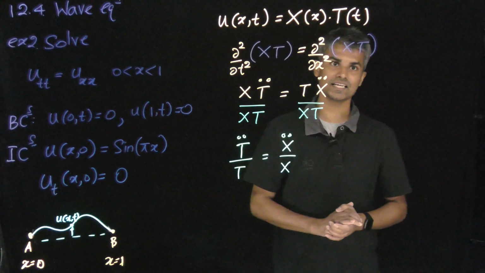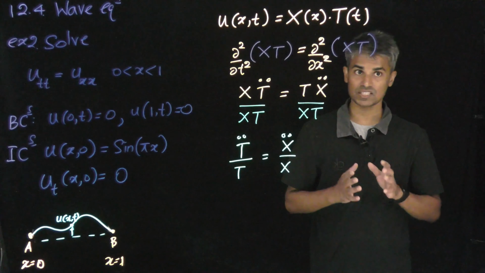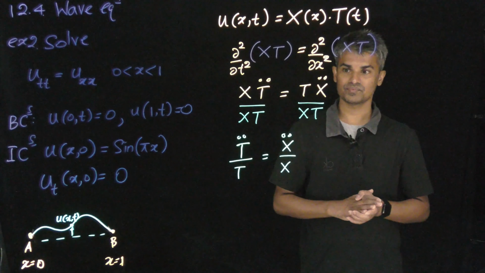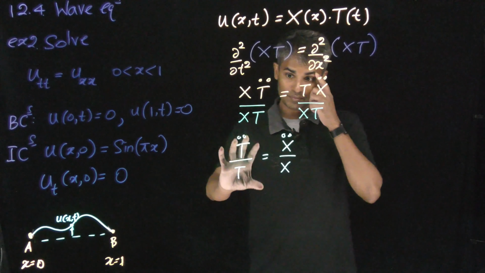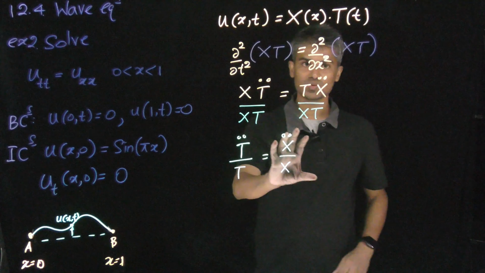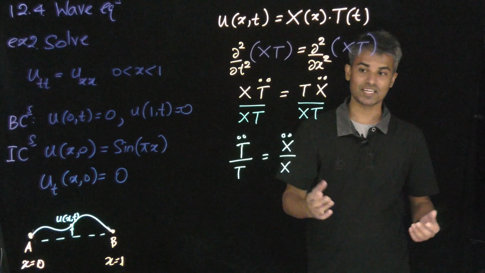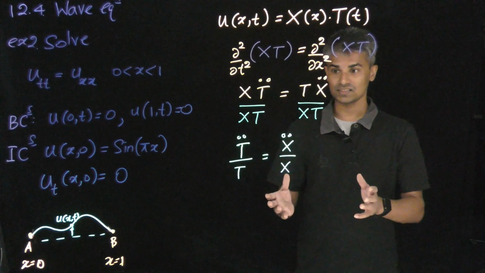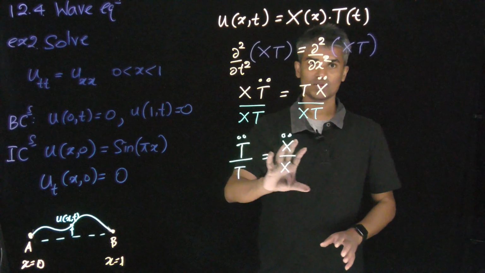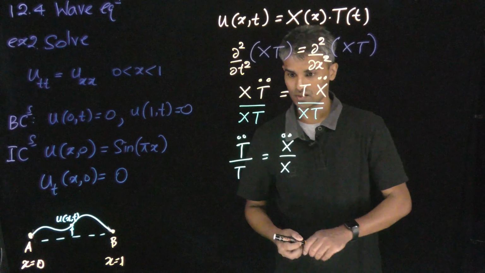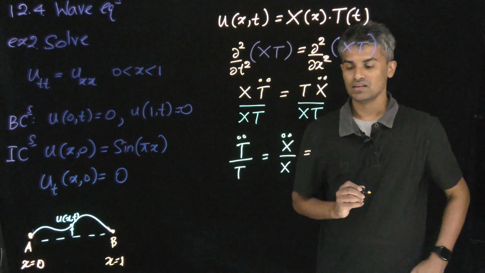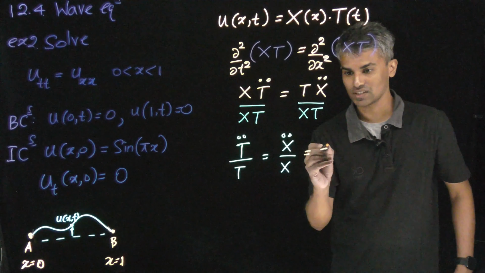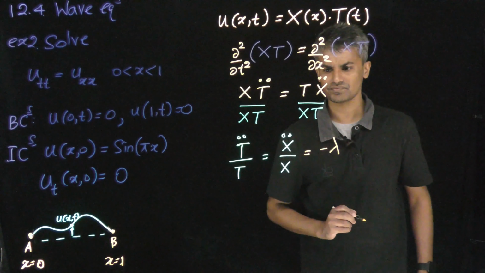In the right hand side we have a function that depends only on the x variable, and our equation says the function that depends on t equals the function that depends on x. This happens if this ratio is a constant. So in fact these two ratios must be the same constant, and let us say that constant is negative lambda.